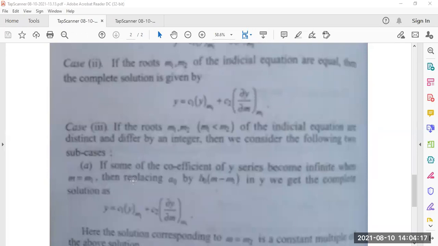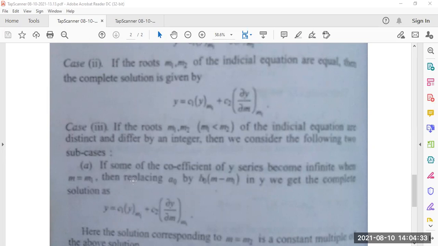Now case 3: if the roots m1, m2 of the initial equation are distinct and differ by an integer, then we consider the following two subcases. So m1, m2 both are integers.